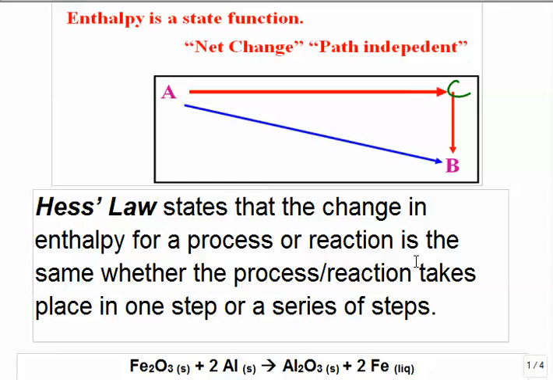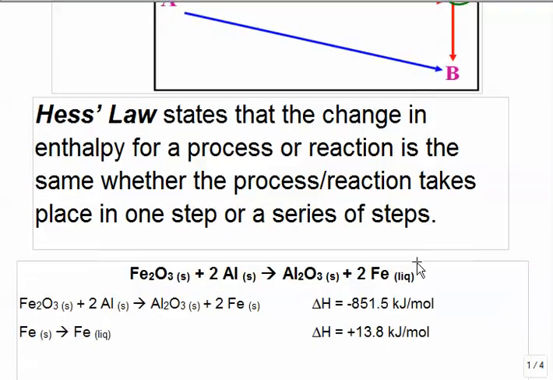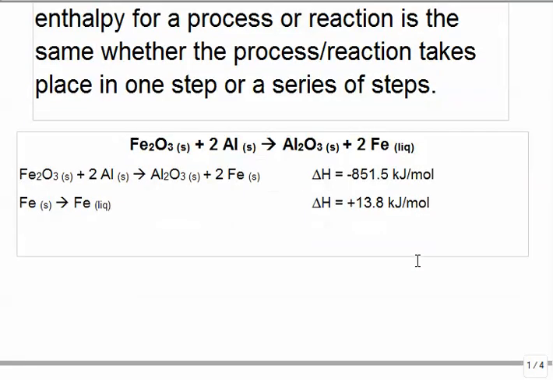So let's take the example of the thermite reaction that we saw. The reaction is between ferric oxide, Fe2O3, which is a solid, mixed with aluminum powder to produce aluminum oxide and molten iron metal. Now if we wanted to measure directly the enthalpy change for this reaction, we could do this using some type of calorimeter, or we could simply calculate this enthalpy change based on two component reactions.